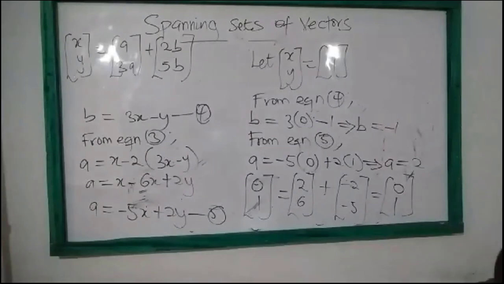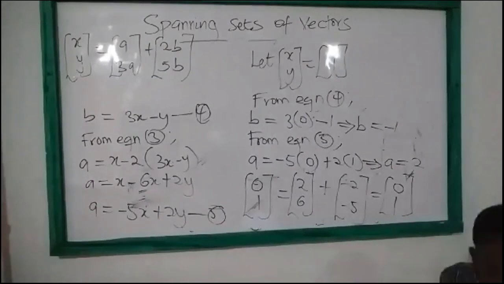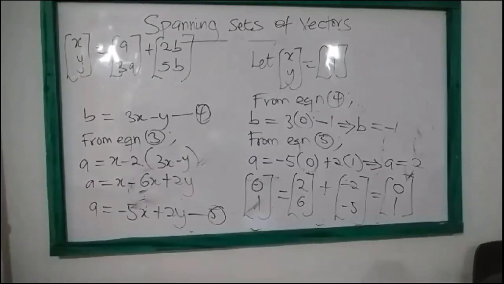So you can now conclude that the set of vectors 1, 3, and 2, 5 spans R2. So that is that. Let's make progress.